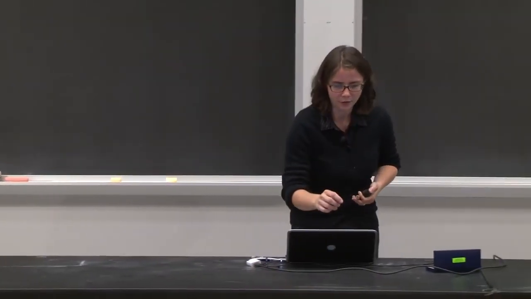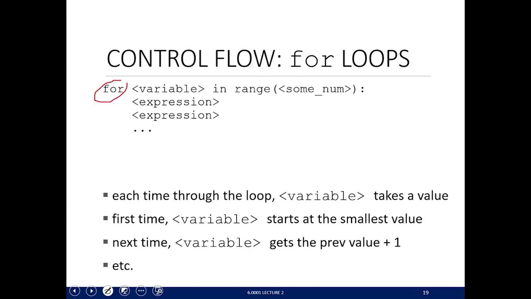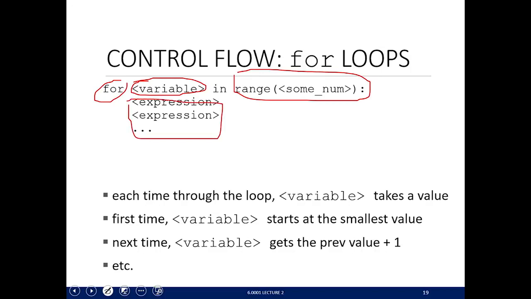So this is the general look of a for loop. So we have for some loop variable, again, can be named whatever you want, in range some number, do a bunch of stuff. And again, these are part of this for loop code block, so you should indent them to tell Python that these are the things that you should do. Okay?